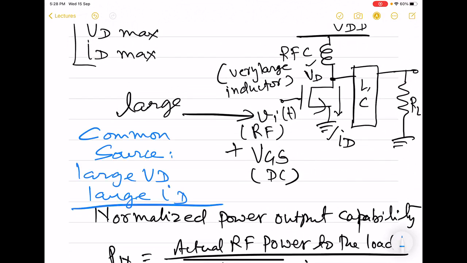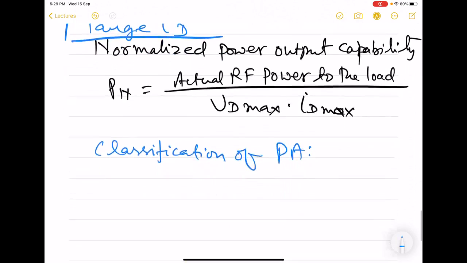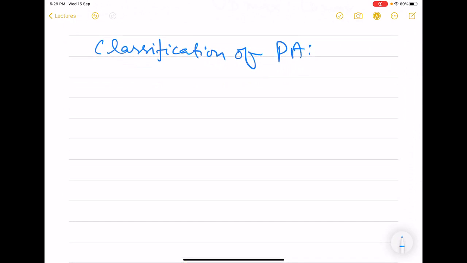So this is possible only in common source. That is why all the power amplifiers that we will consider will be fundamentally a common source configuration. But this classification is with respect to the first parameter that we talked about, that is efficiency. So it is the efficiency which leads to various classifications. And in fact, that classification will manifest in the form of various circuits and various waveforms for the drain voltage and drain current that we just listed.